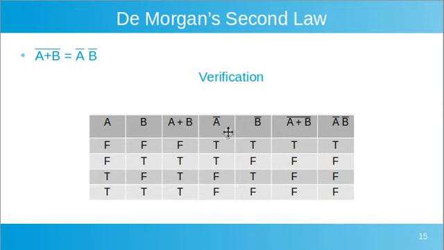And if we perform the AND operation of A not and B not, that will be true only when both of the input values are true. So this is true and other combinations are false. Now from these two columns we can see that they are the same, so we can verify that the left hand side is equal to the right hand side.